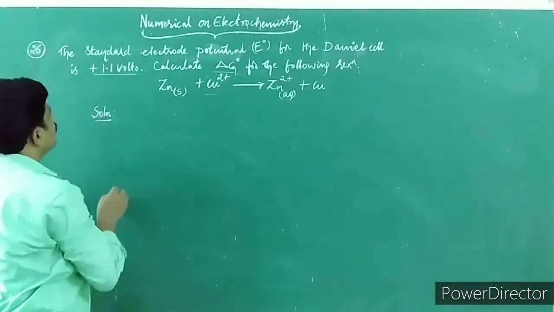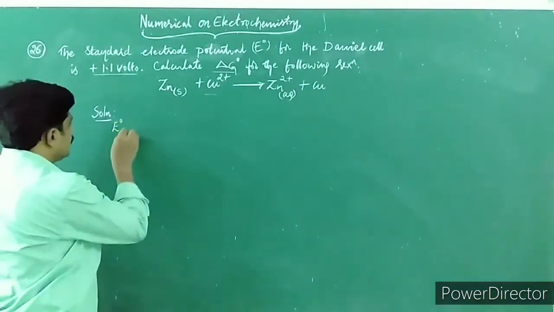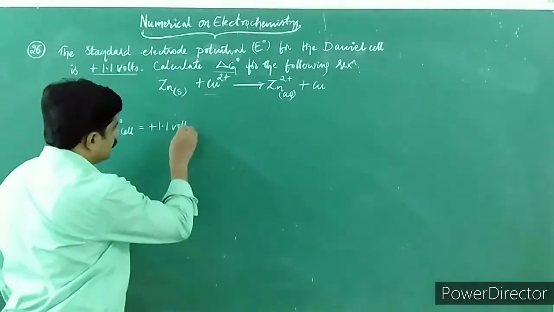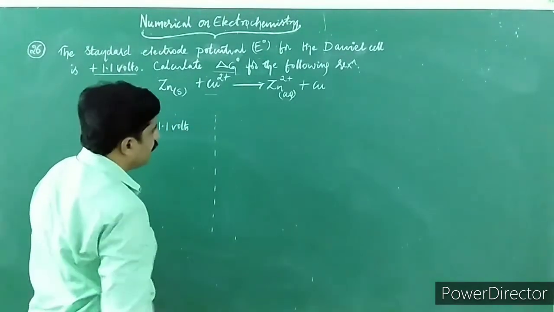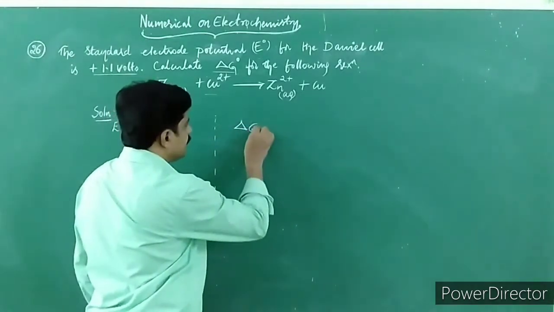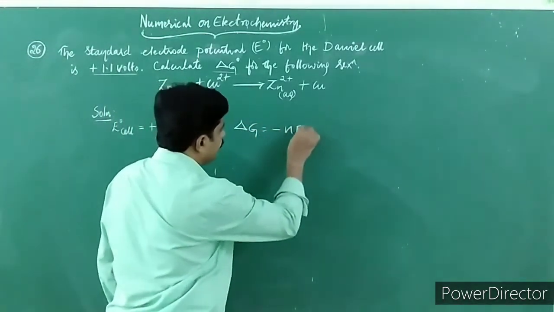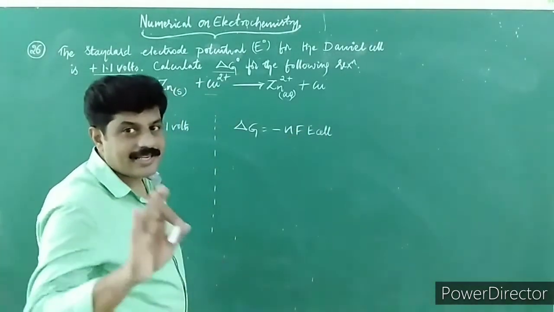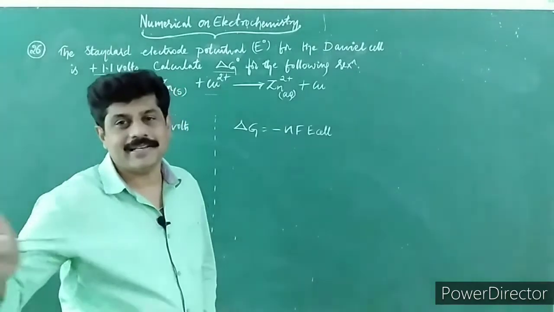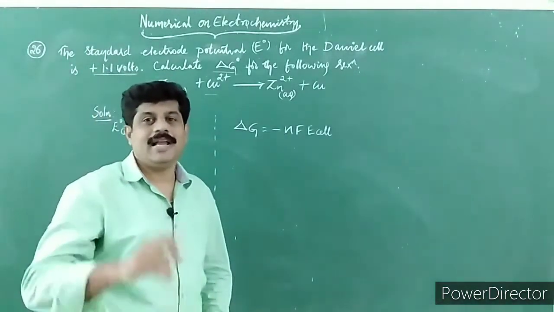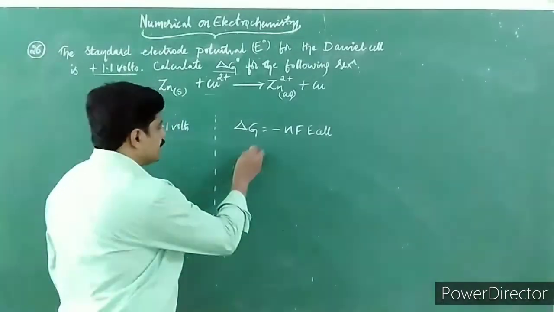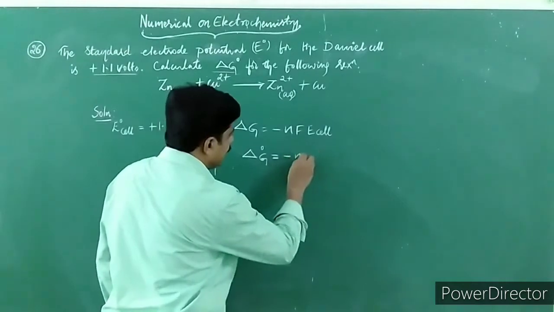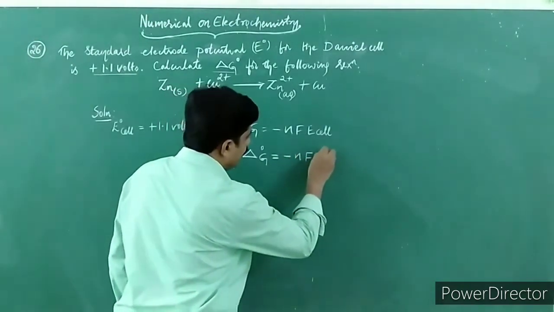Children, E naught cell is given, that is plus 1.1 volts, and you know the expression for finding out the Gibbs energy change is delta G equal to minus nF into E cell. Children, under standard condition of 298 Kelvin, 1 atmospheric pressure and 1 molar concentration, we can change the expression as delta G naught is equal to minus nF into E naught cell.